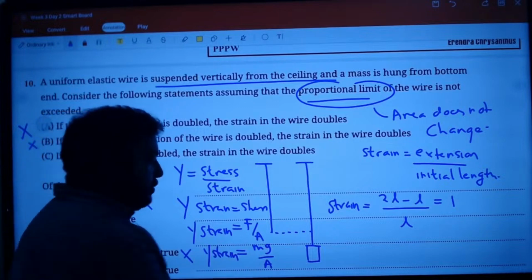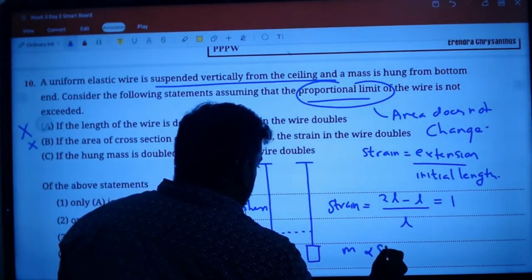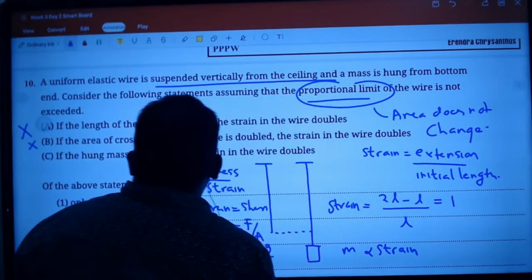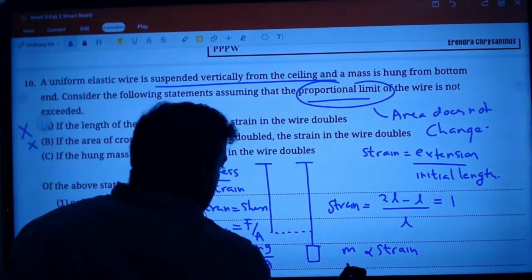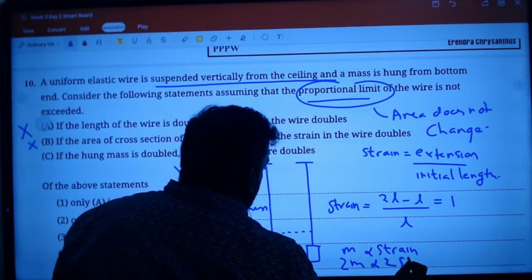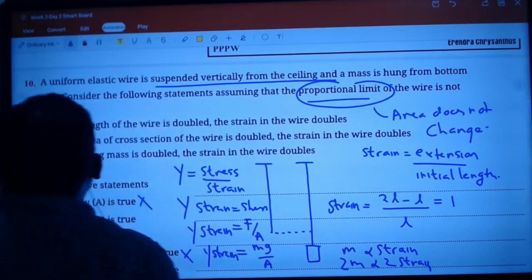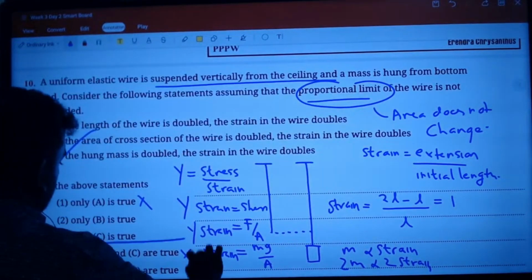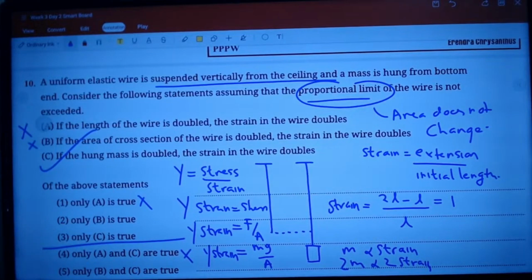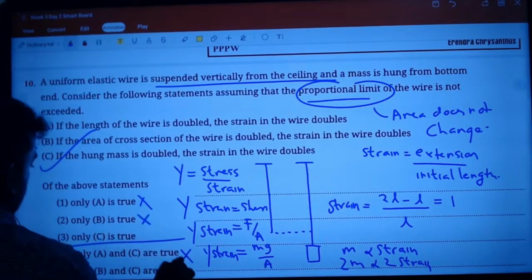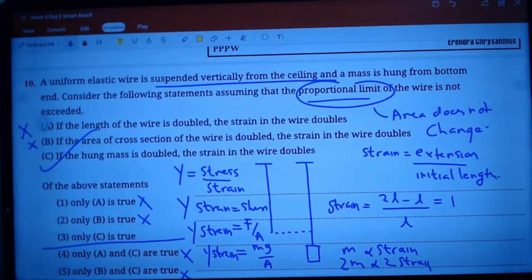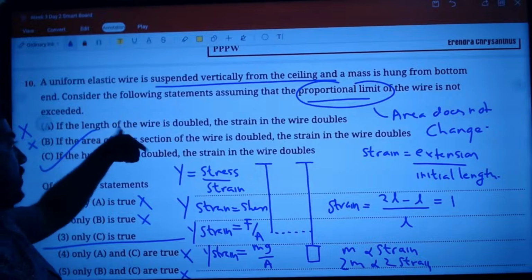So mass is proportional to strain. If the mass is doubled, automatically the strain will also double. Only C is correct, answer number 3. So A and B are wrong, only C is correct. The 10th one, answer 3. This we wrote, next one.